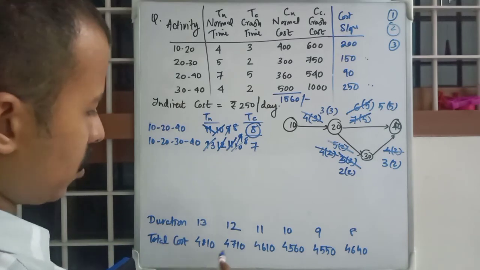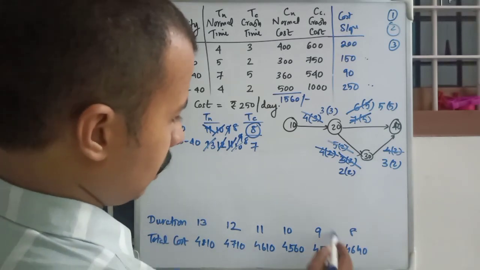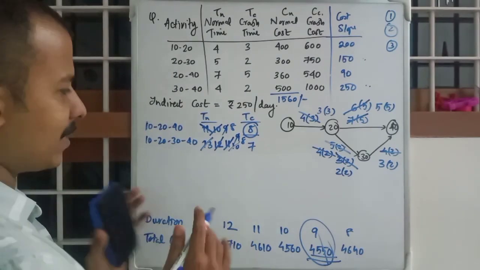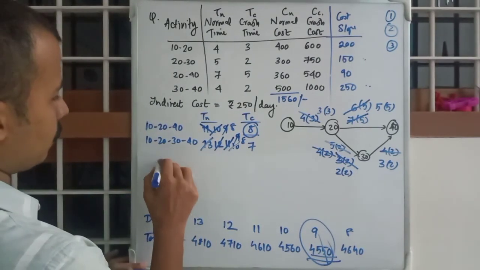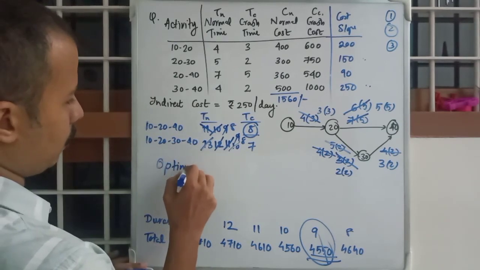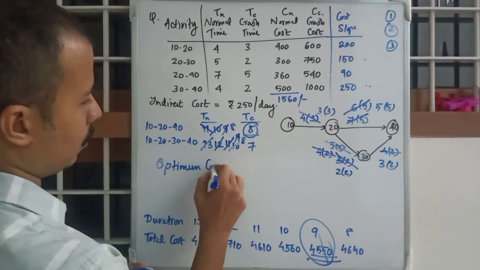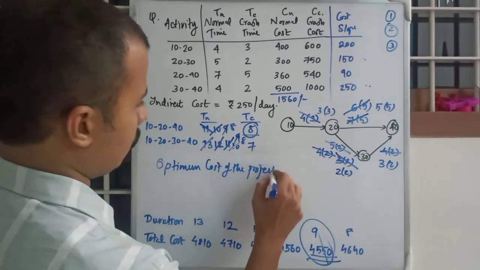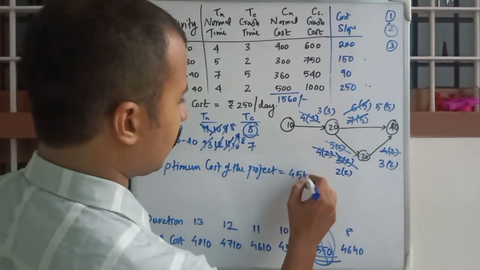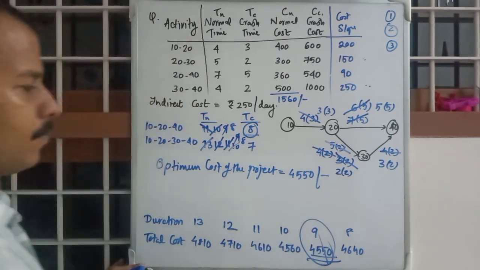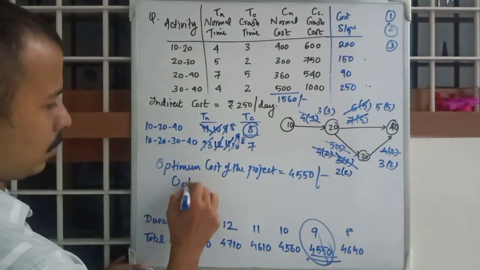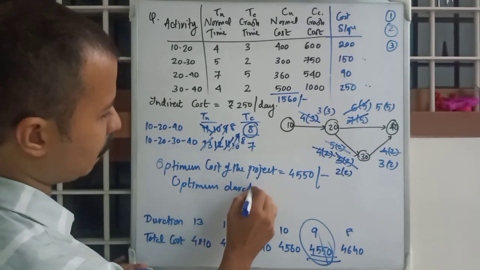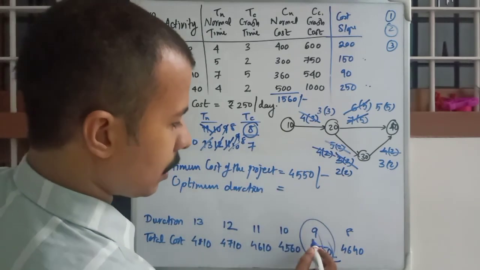The minimum of total cost is this value, 4550. Okay, so that's it. The optimum cost of the project is equal to 4550, and hence the optimum duration of the project is 9 days.